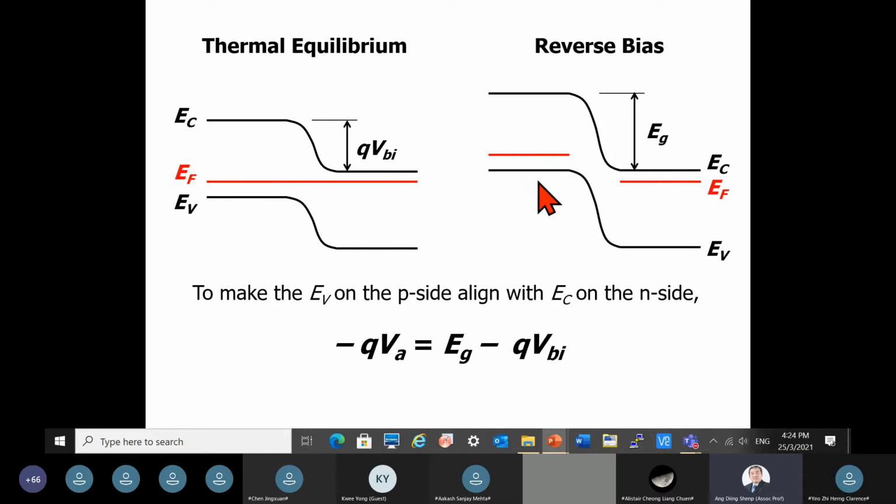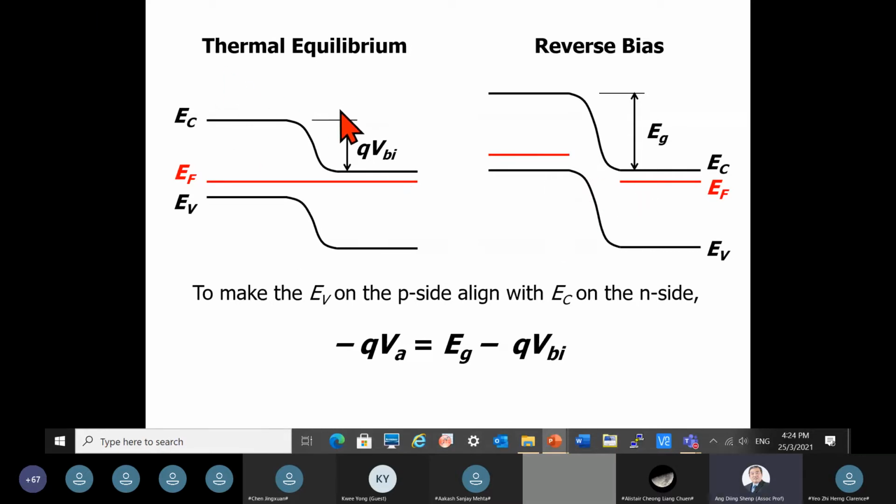So that is the minimum reverse bias for the onset of Zener breakdown or quantum mechanical tunneling to happen, when the valence band EV on the P side is just aligned with the conduction band EC on the N side. So what reverse bias voltage do we need to apply in order to achieve this?